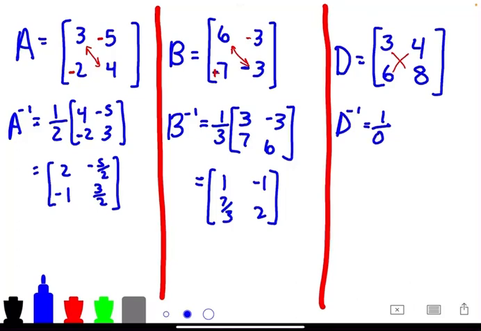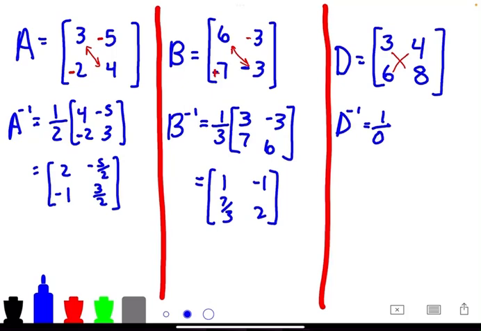One of the first things that we learned was that you can never have a 0 in the denominator of a fraction. It was undefined. So there's no need to even go forward with moving these numbers around.